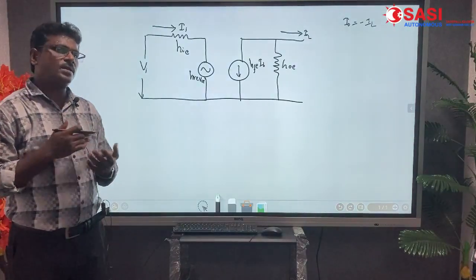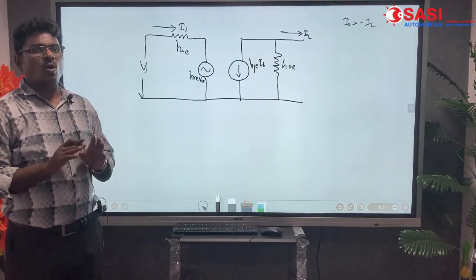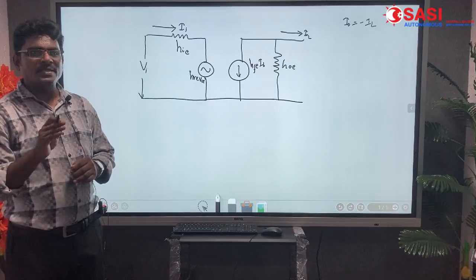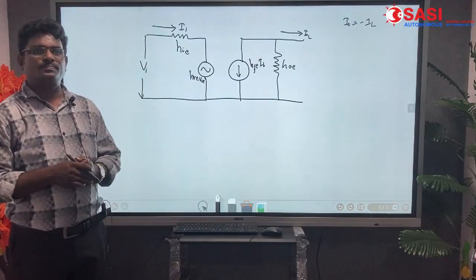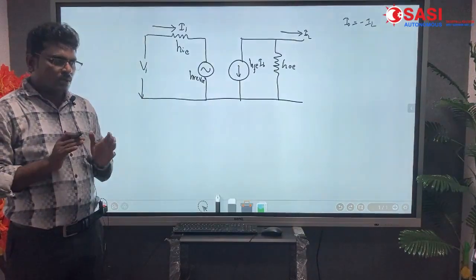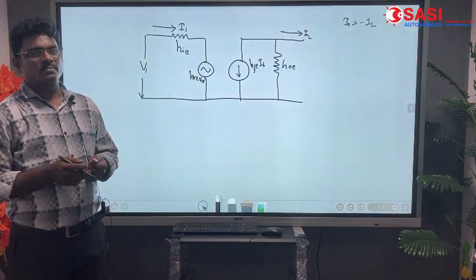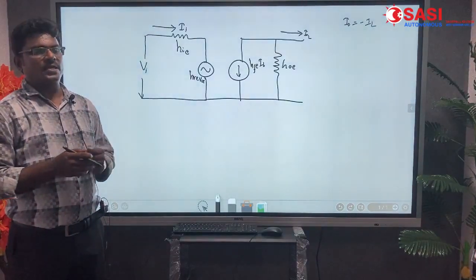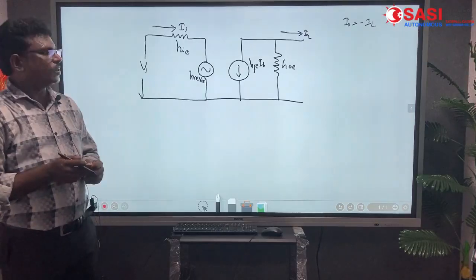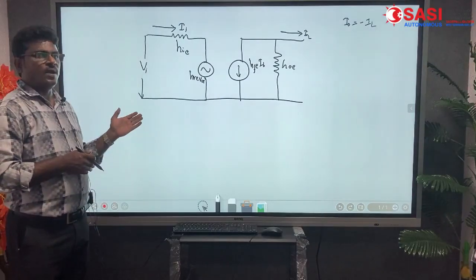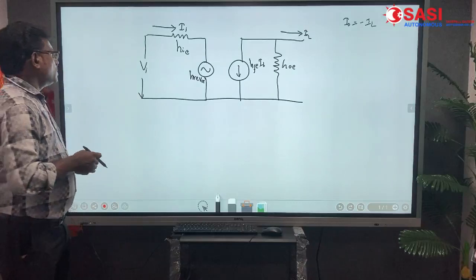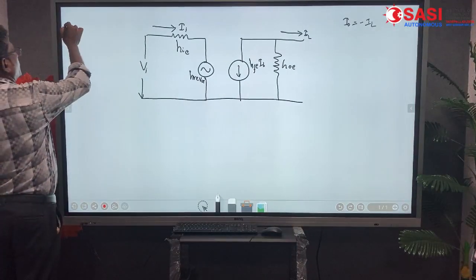If the temperature is increased, the circuit parameters are not changed. This is the major advantage of H parameters. So convenient to understand. These are the advantages, so we prefer them for the analysis of amplifiers. Okay. So here the 4 types of H parameters.